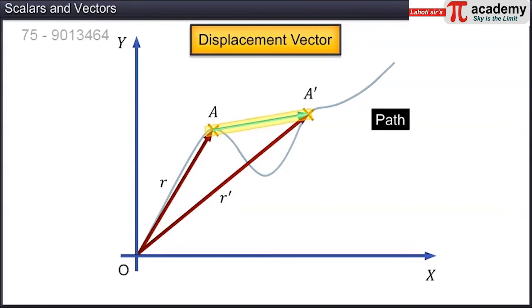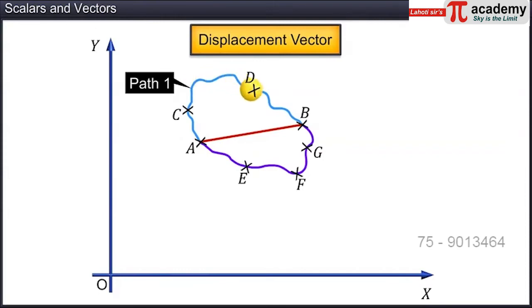Here, AA' is the displacement vector for the motion of the object from point A to A'. The displacement vector is obtained only from the initial and final positions of the object. It is independent of the path followed by the object.